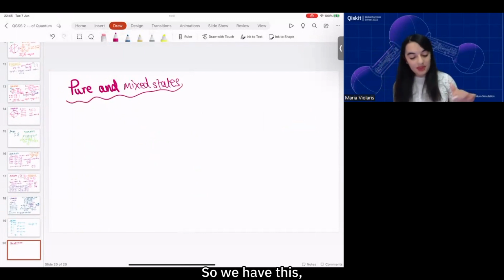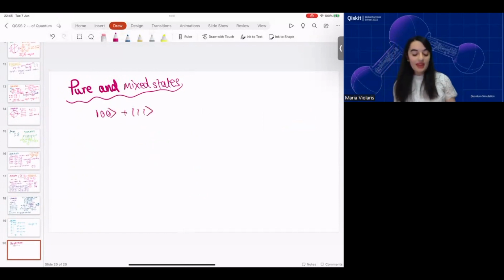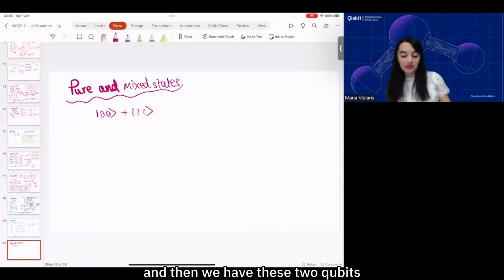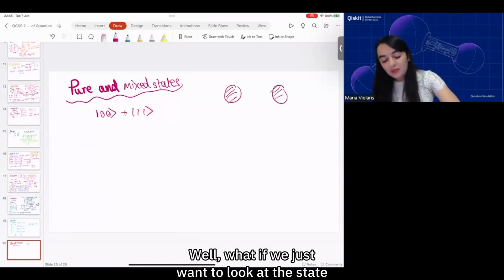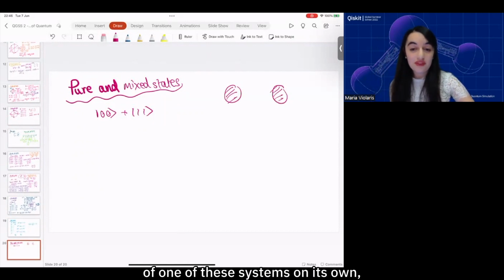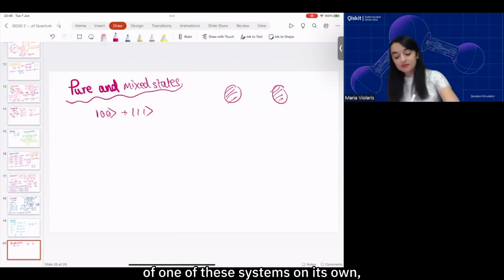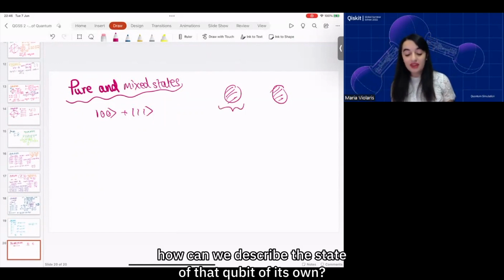Let's say we have this entangled state 0, 0 plus 1, 1, and then we have these two qubits described by this overall state. Well, what if we just want to look at the state of one of these systems on its own instead of both qubits together? How can we describe the state of that qubit on its own?